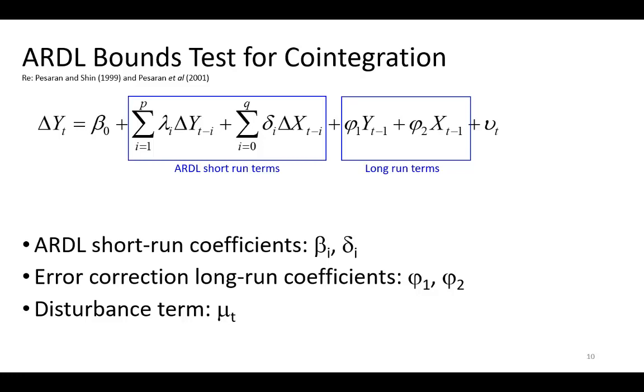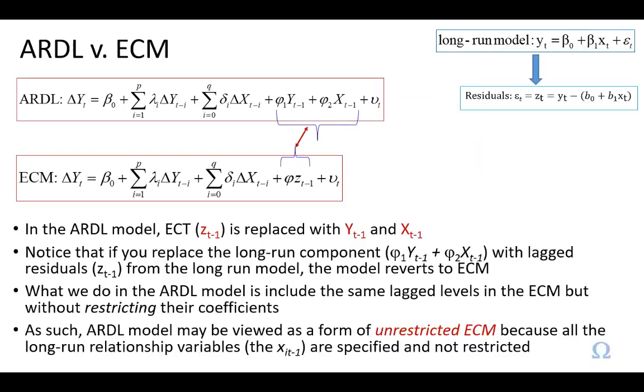And of course, a traditional disturbance term is this one right here, which I need to make sure is white noise. So in comparison with the error correction model, we find here that in the ARDL model, the z(t-1), which is the lagged error correction term in the error correction model, is replaced with these lagged values of dependent and explanatory variables.